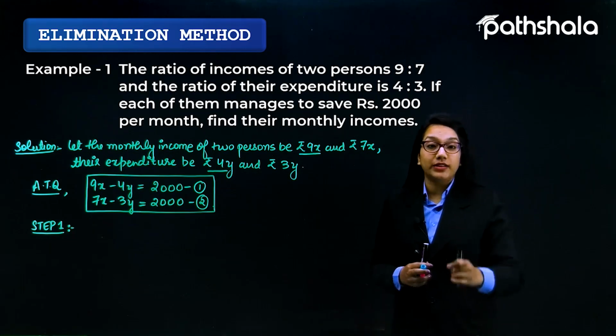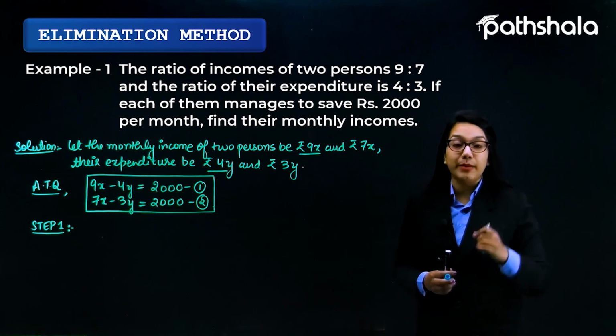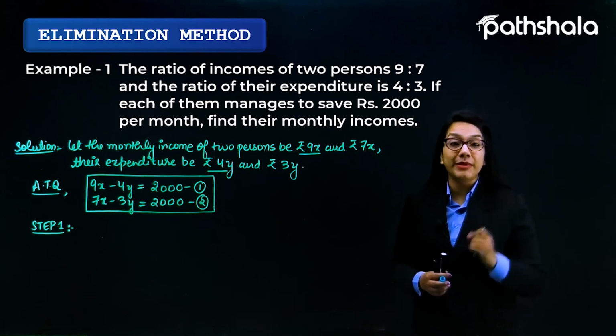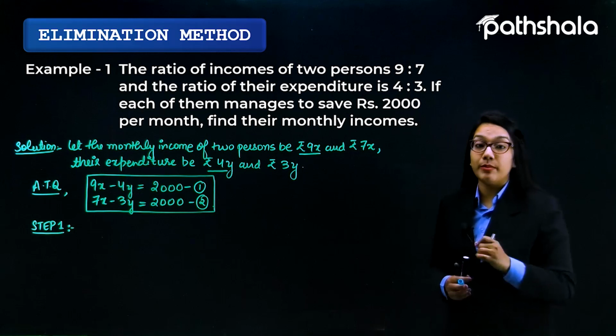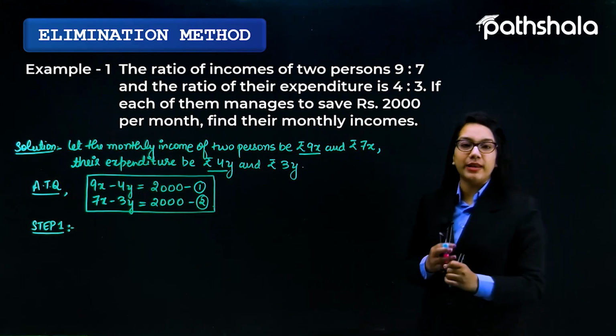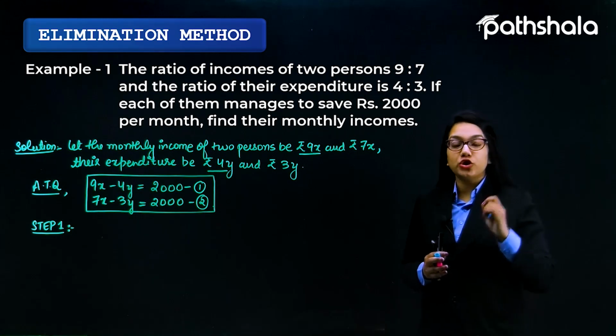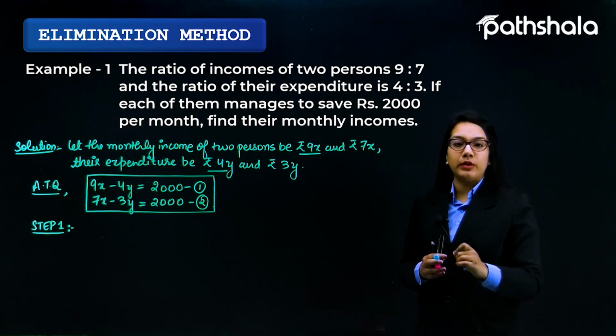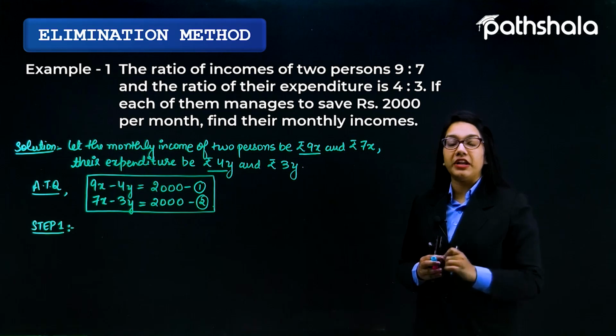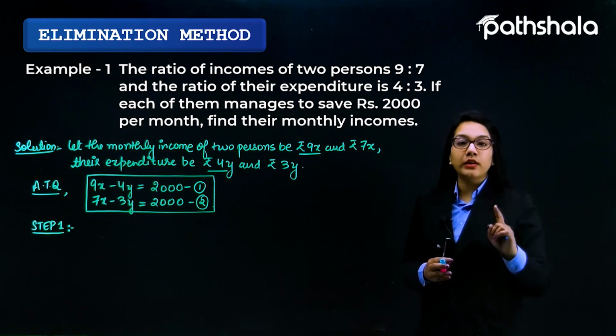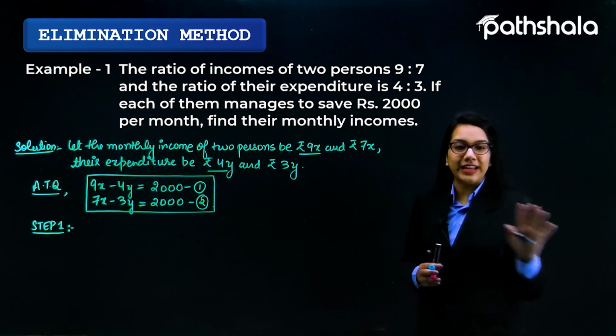We have to make the coefficient of any variable the same to eliminate that variable. This is all about elimination, because we are talking about eliminating a variable. So in order to eliminate, we have to make the coefficient of one variable similar.